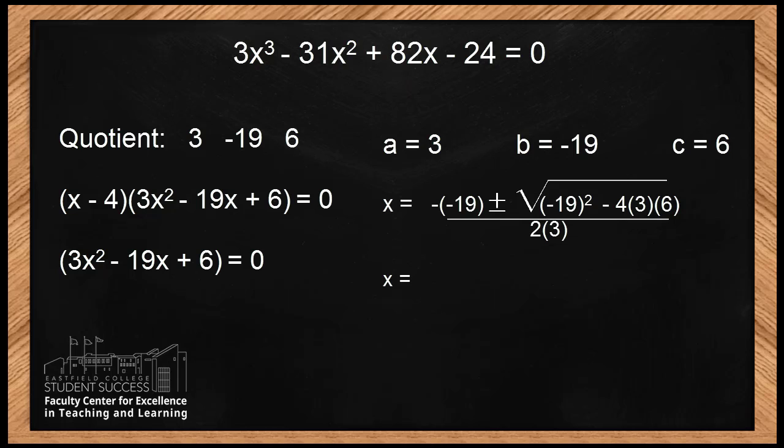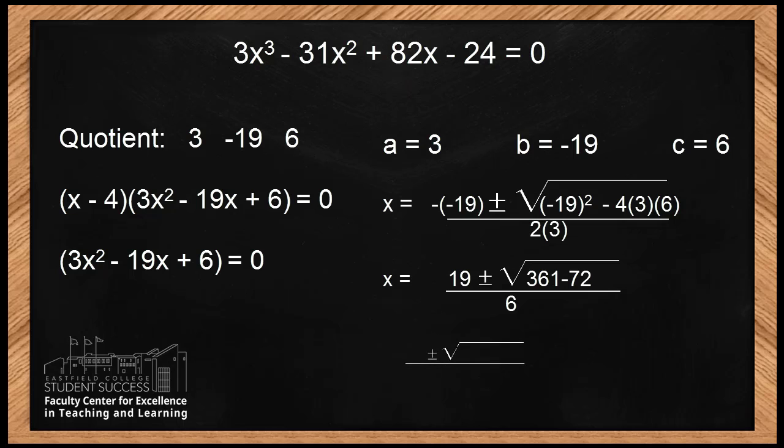Let's simplify negative and a negative. So negative 1 times negative 19 is positive 19, plus or minus the square root of negative 19 squared, that's 361. And then remember, we will multiply negative 4 times 3, which is negative 12, times 6, which is negative 72. And we're going to divide by 2 times 3, which is 6.